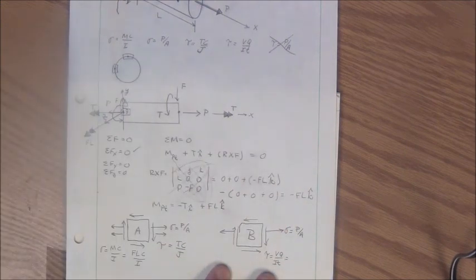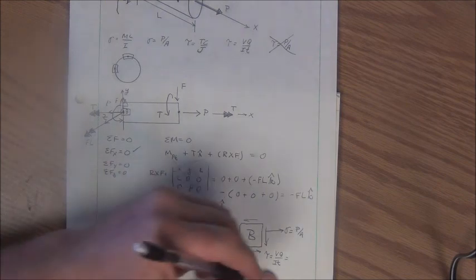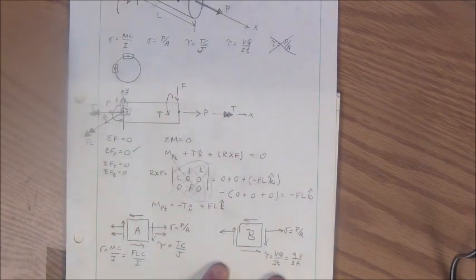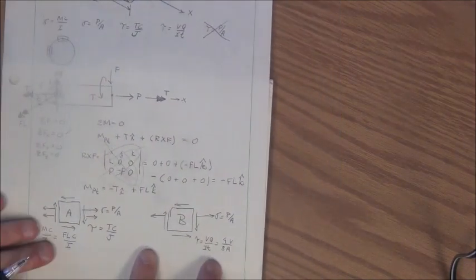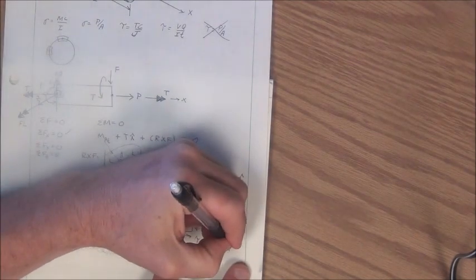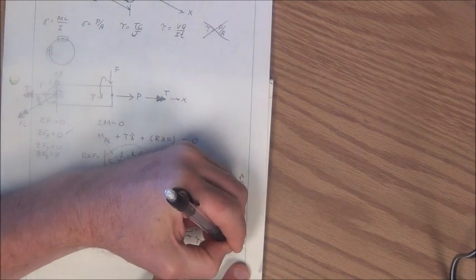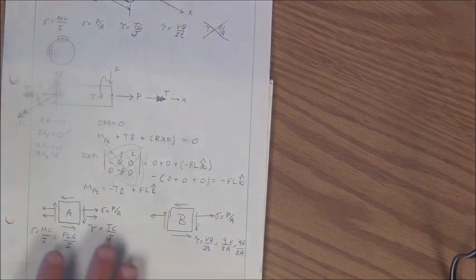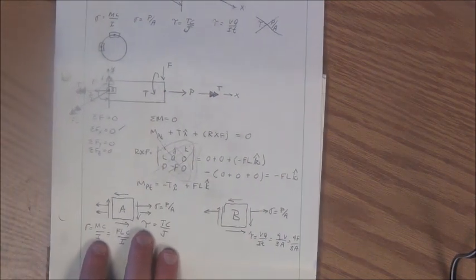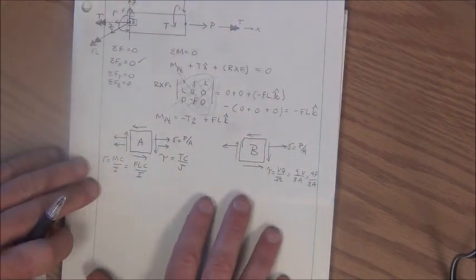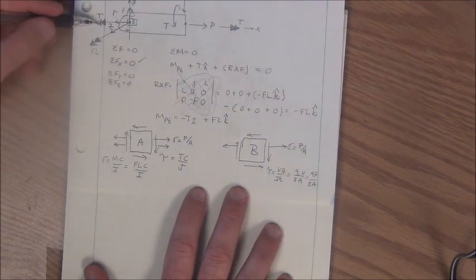In this case, we know that it's a cylindrical geometry, so VQ over IT reduces to 4/3 V over A. And we recall that V is given by F, so we have 4F all over 3A, where A is the cross-sectional area.